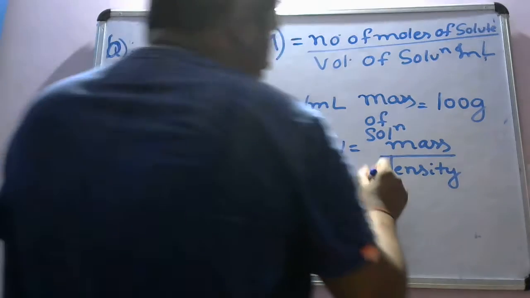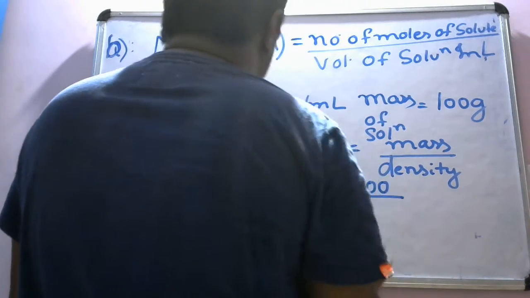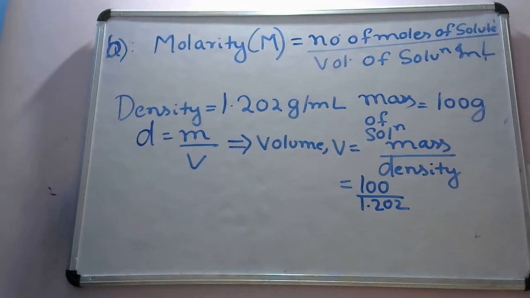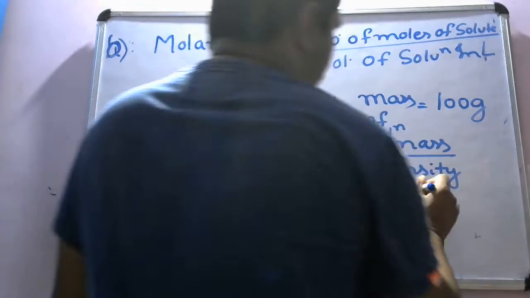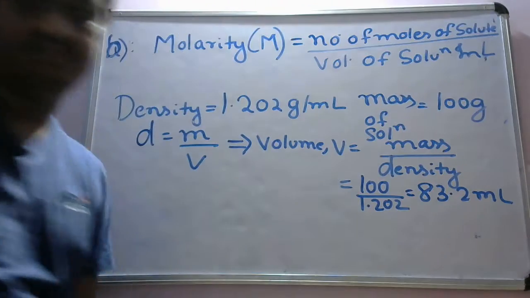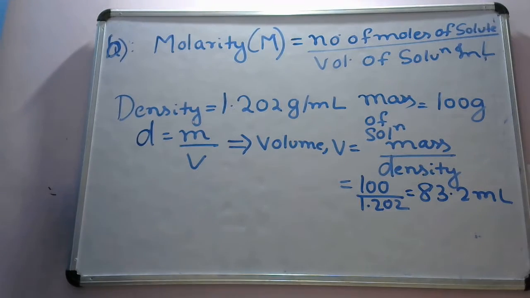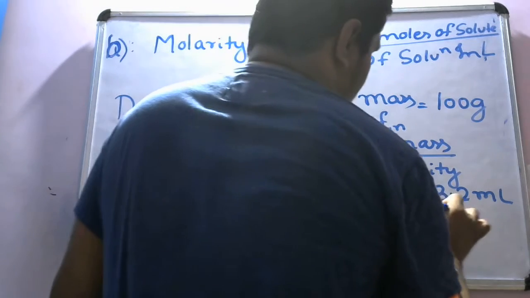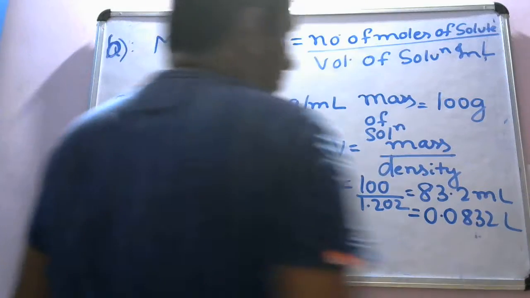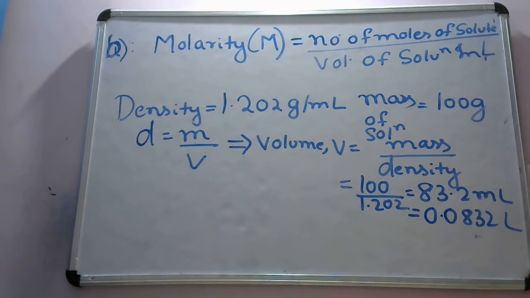Mass is 100 grams, density is 1.202. So when we divide, we will get the volume to be 83.2 milliliter. We got our volume. Let us convert it into liters, that is 0.0832 liters. Divide by 1000.